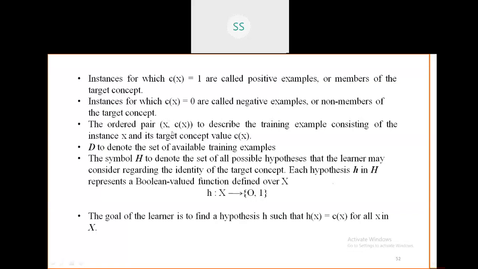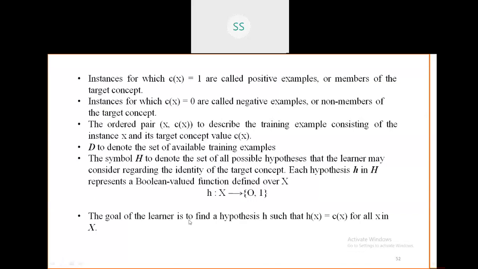X is the item, and c of x says whether it has been chosen or not, so that makes one pair. And D denotes the set of available training examples, the total number of training examples you have.